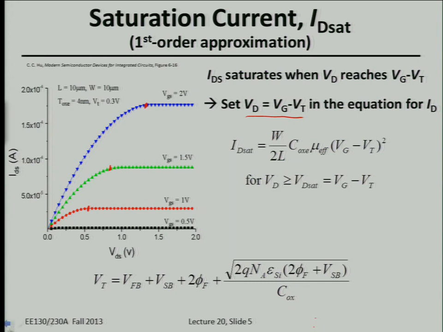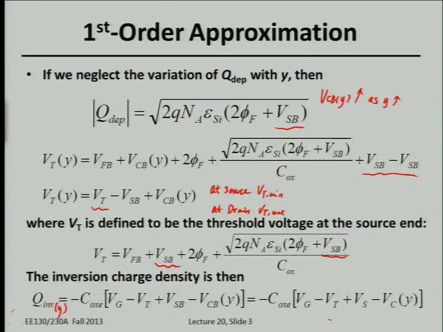Okay. And also I'd like to mention that for our first order approximation, we ignore the spatial variation of those depletion charges. As you can see, it is proportional to the square root of the channel potential at a certain location, which is VCB as a function of y, right? It is a function of the distance, because you're going to have a non-uniform potential distribution from the drain side.